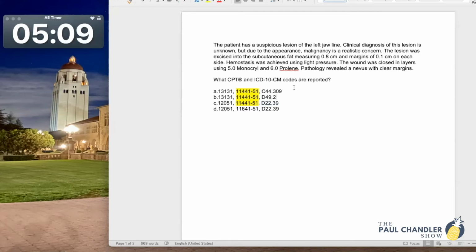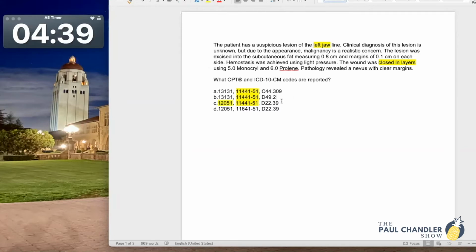12051 is intermediate repair, so scanning, closed in layers. So that I need, because a simple repair is not that, and complex repair, okay. Location, left jaw line. So 12051, face, jaw line. So 12051 works.